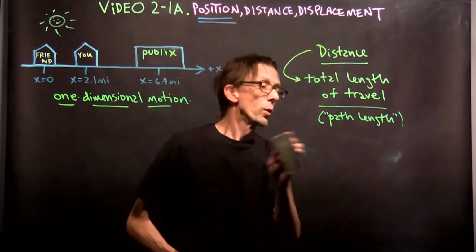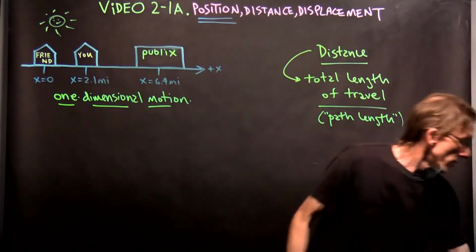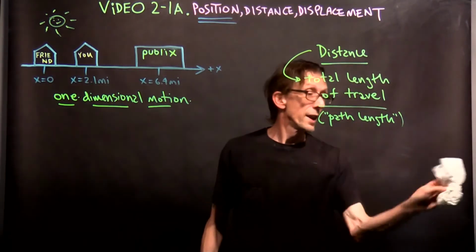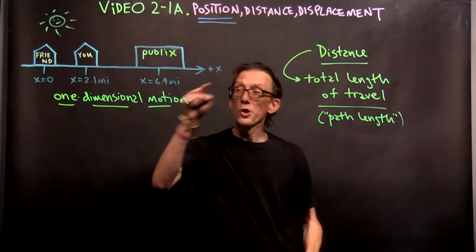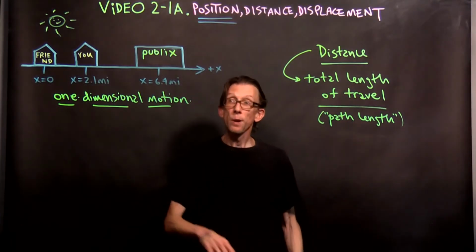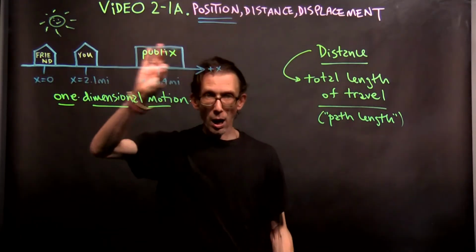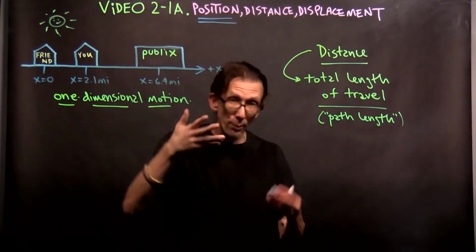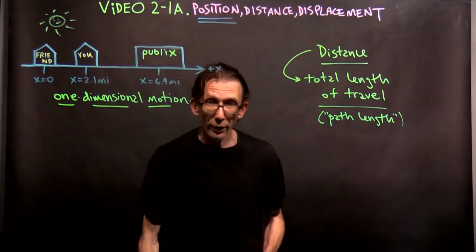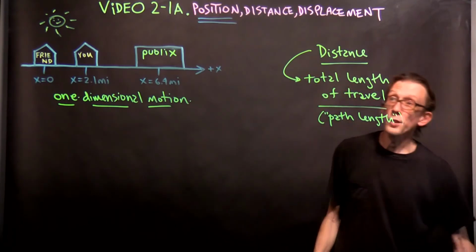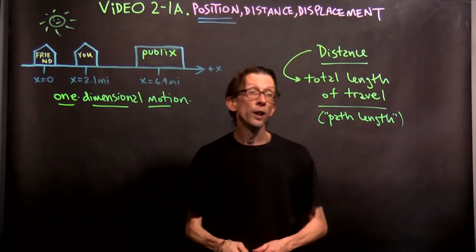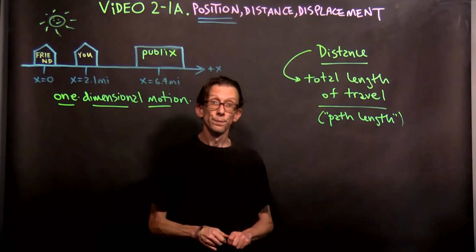In other words, as I've already indicated to you, this chapter is about motion in one dimension, which means we're going to consider objects moving along this number line. It could be you walking to the store, walking to your friend's house from your house. So distance is simply total length of travel.